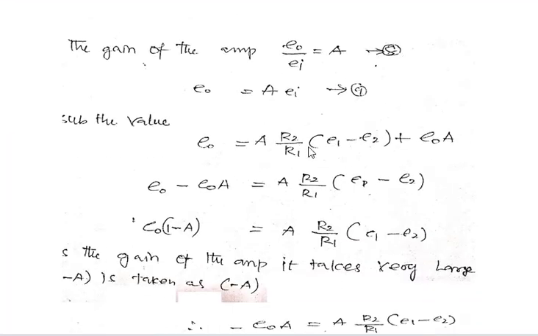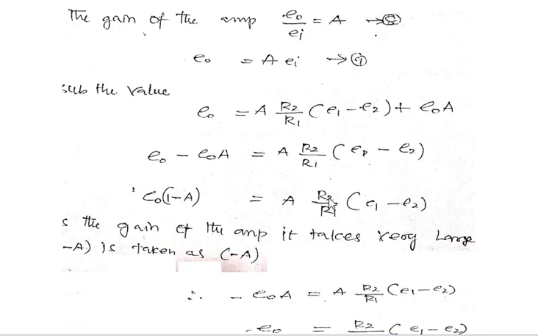On substituting, we get E output by A is equal to R2 by R1 into e1 minus e2, plus E output. E output is taken as common: E output times 1 minus A is equal to A into R2 by R1, e1 minus e2.